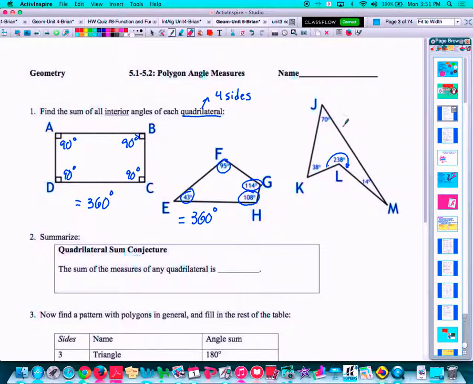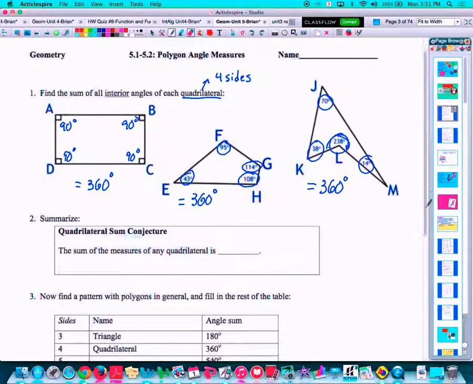So even in that situation, if we take 70 degrees plus 38 degrees plus 14 degrees plus 238 degrees, we get an angle sum, once again, of 360 degrees. Even when we include reflex angles, we do get the total angle sum to be 360 degrees.